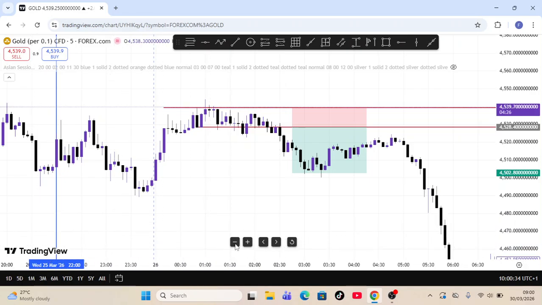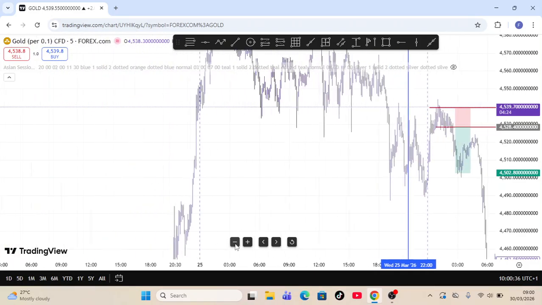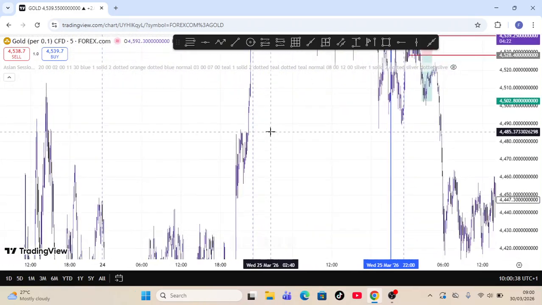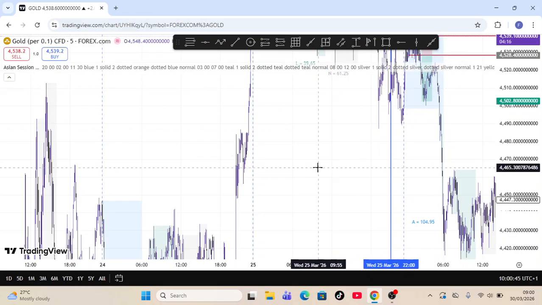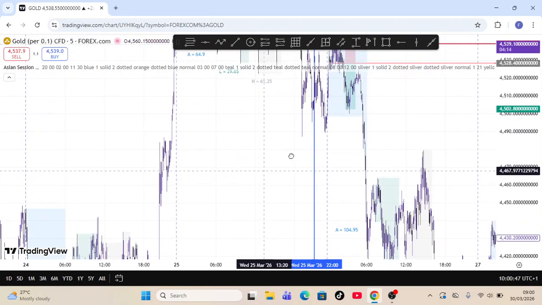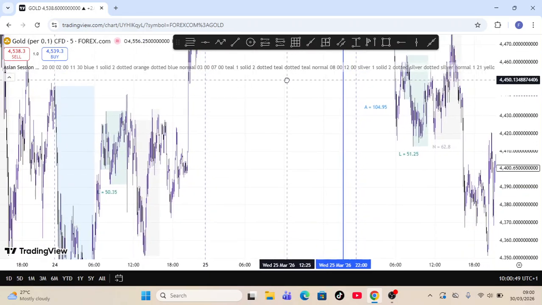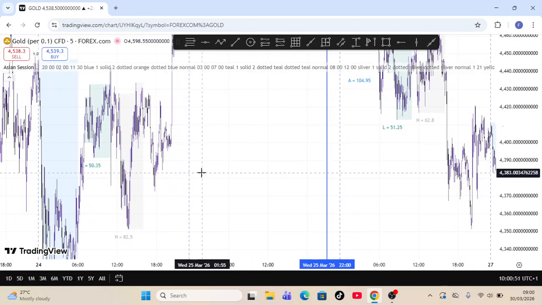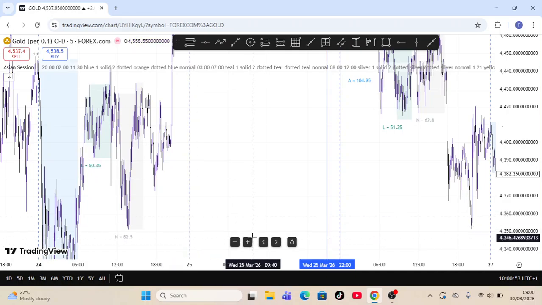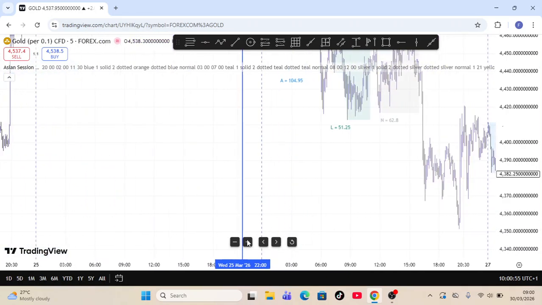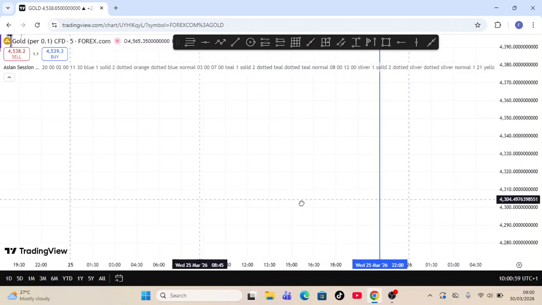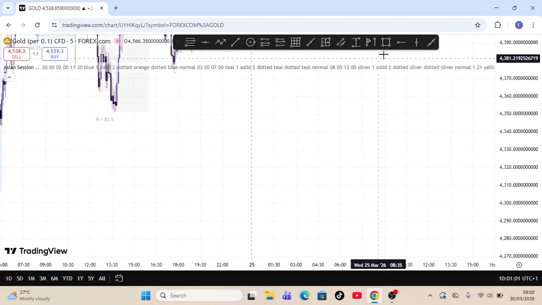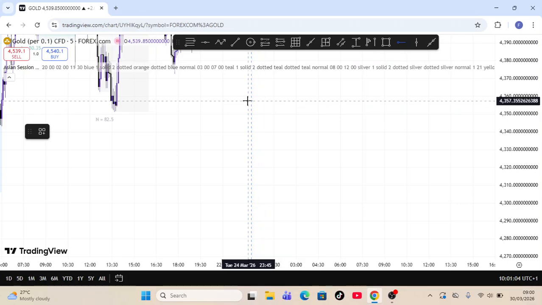So from there, I targeted a low over there, which is New York. There was a New York down here. Where is it? Okay, there was a New York over here.